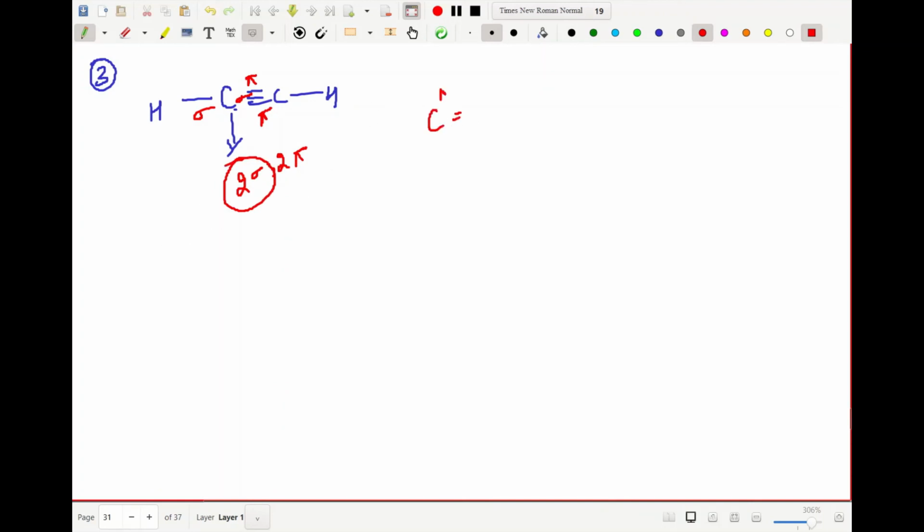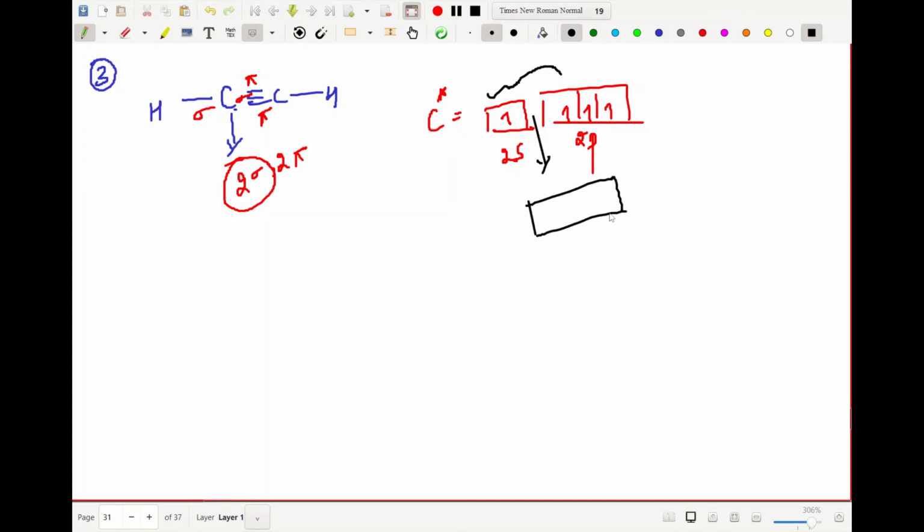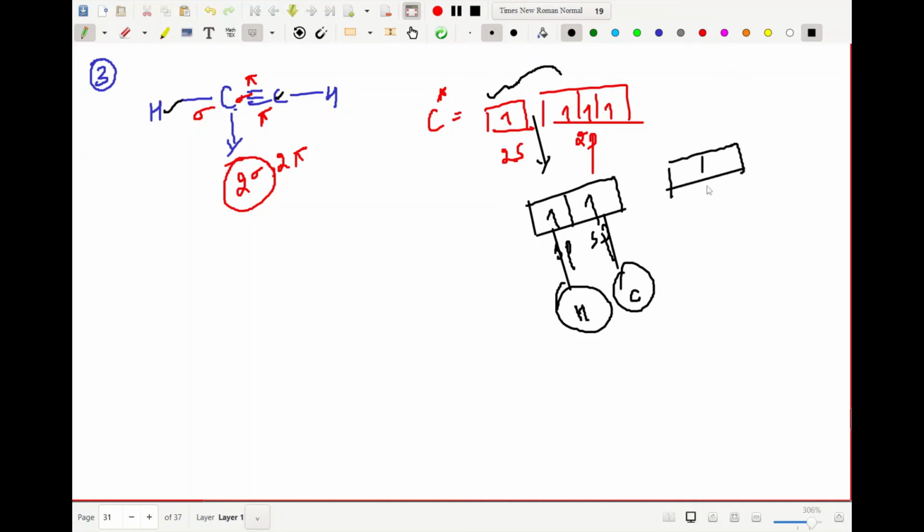So excited state carbon has an electronic configuration like this, 2s and 2p, and since we only have 2 sigma bonds, 1s and 1p are going to hybridize to form 2 sp hybridized orbitals, with 1 electron each, and one is going to form a sigma bond with hydrogen and one a sigma bond with carbon. So 1 sigma bond is with hydrogen, 1 sigma bond with carbon, that is done, and we are left with 2 unhybridized p orbitals.